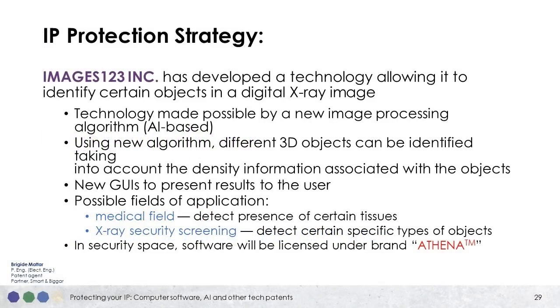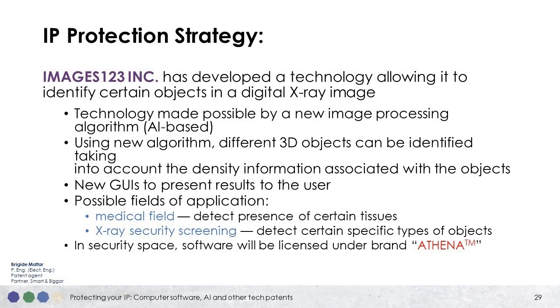Essentially, what it does is it takes an X-ray image. It has some AI-based processing algorithms that are able to identify different types of object in those X-ray images based on the density information that it can extract from the X-ray image. By knowing that, it can identify, for example, the presence of a tumor if it's a medical X-ray image, or the presence of some threatening objects, for example, in an X-ray security application.